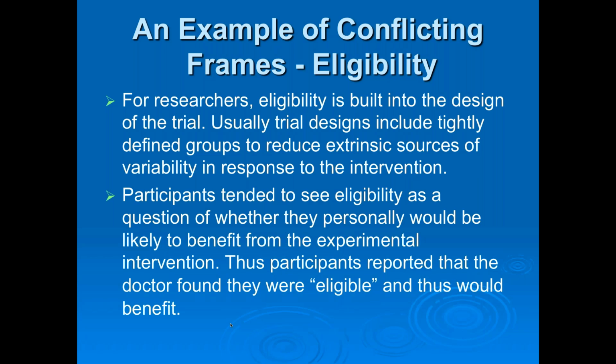We may have only people with certain criteria on their blood tests, depending on the trial, right? But that's an effort to clearly define the group that is involved, so that you're clear about what you've tested, essentially.